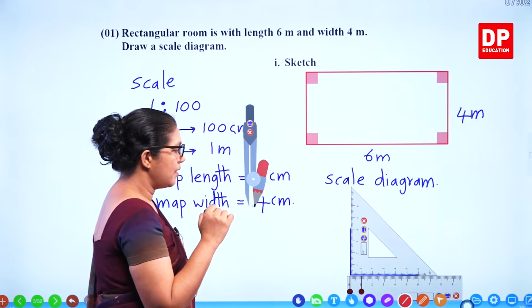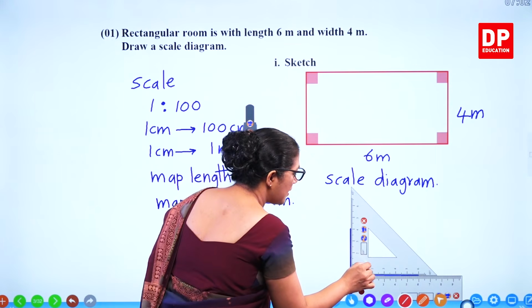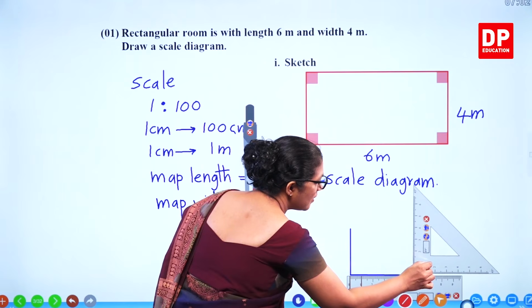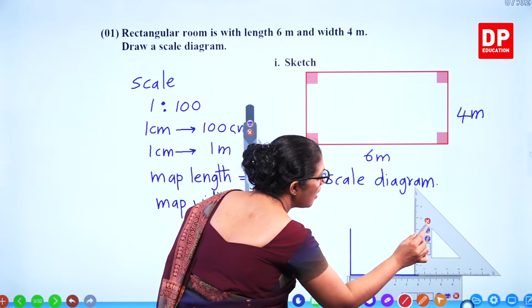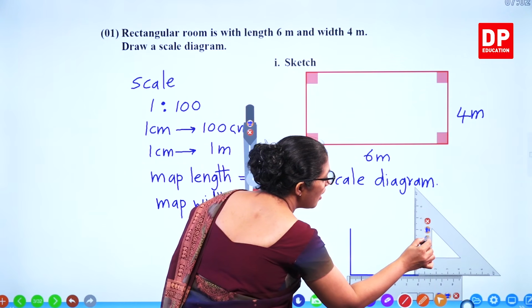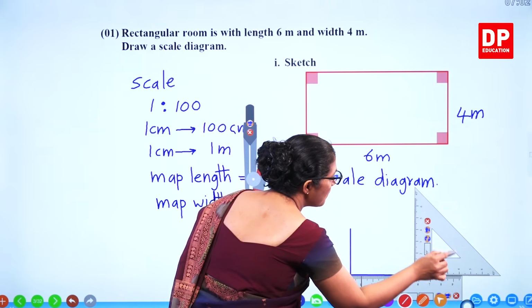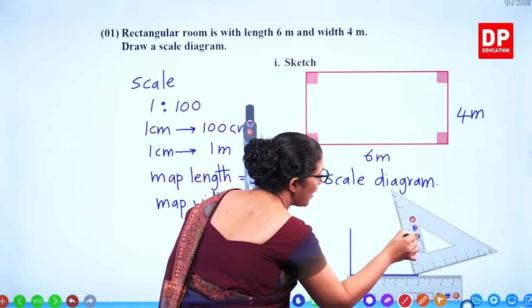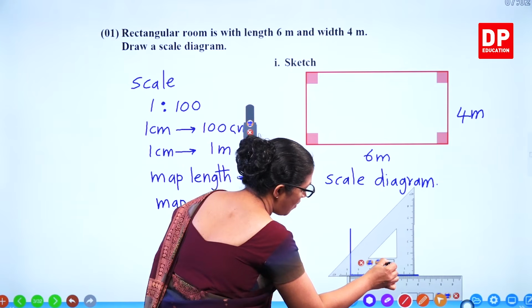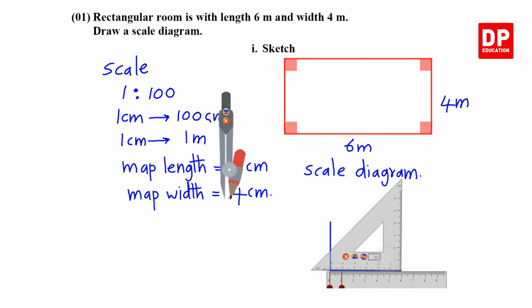Then again I can keep the set square the other way around. So I can make this down, and now I can measure 4 centimeter length here and draw the line segment, 4 centimeters, up to here.